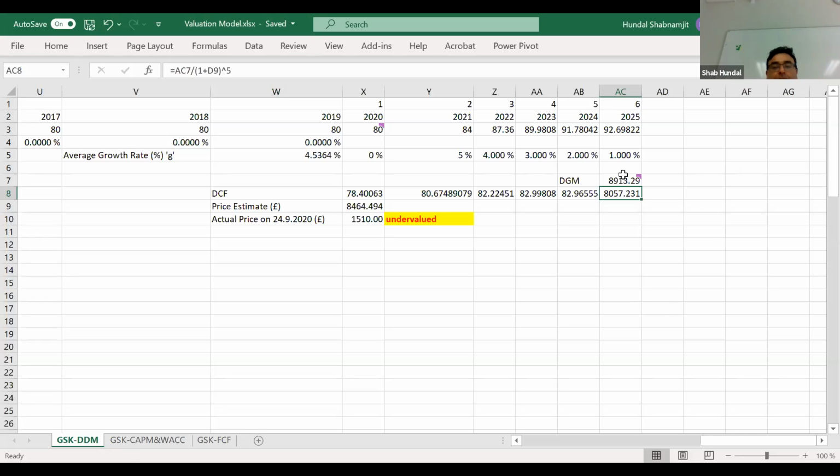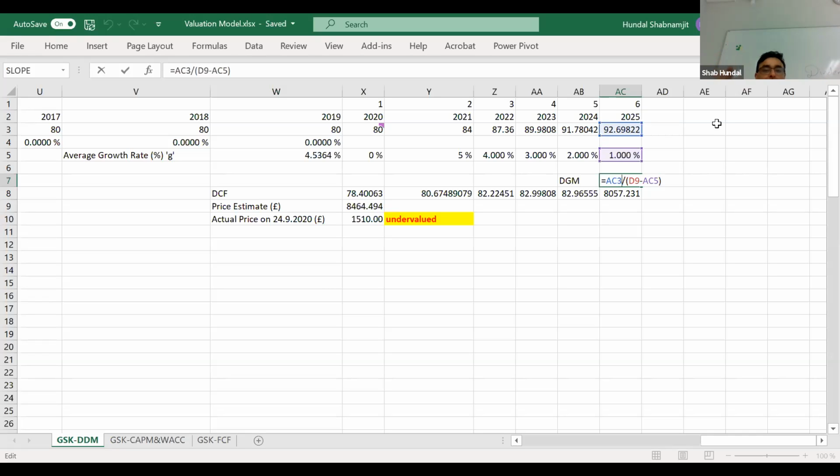So now here we want to estimate what would be the value of the stock price. And then we use here the dividend discount model. Remember we discussed that the dividend discount model formula is you divide the dividend by the discount factor.